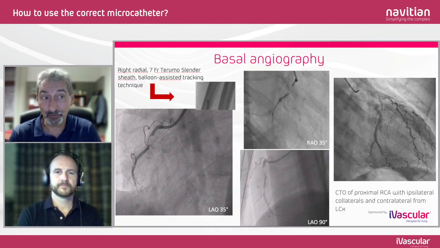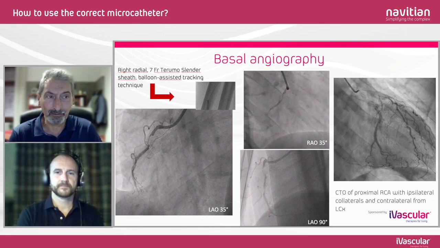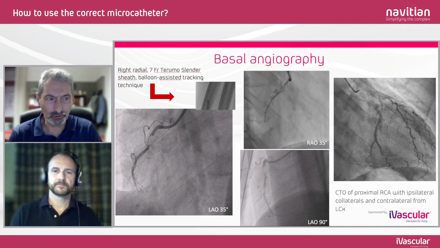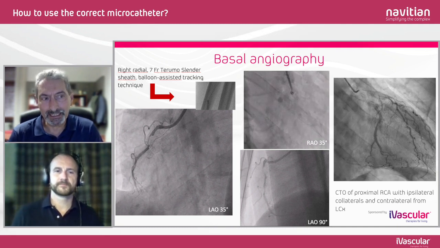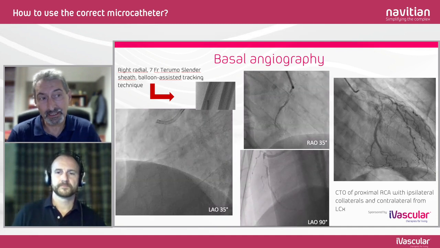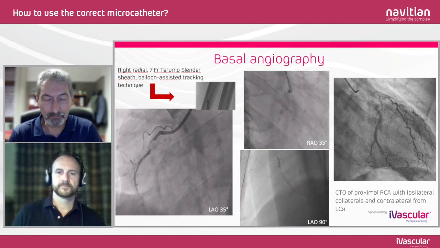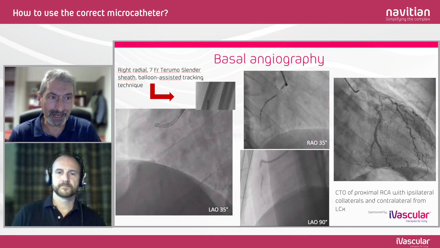So the basal angiogram, if you look in the wrong view, looks like a subocclusive lesion, but looking at the RAO view, it's obvious that you were following some collaterals, and it is a true occlusion. You have seen a bit of an unusual lateral view that sometimes I like for the mid segment of the right coronary artery.